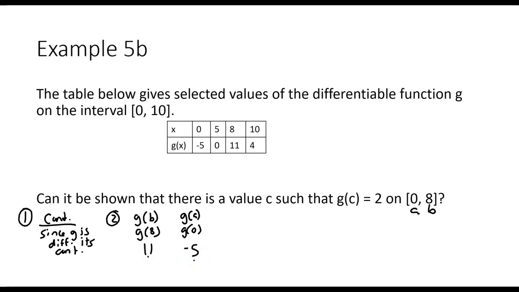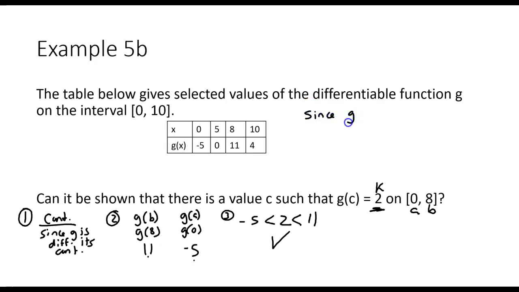The next thing you need to make sure is that this value, your K value, is in between those two things. Is 2 in between 11 and negative 5? Yes. So then we get to say our fun little statement.